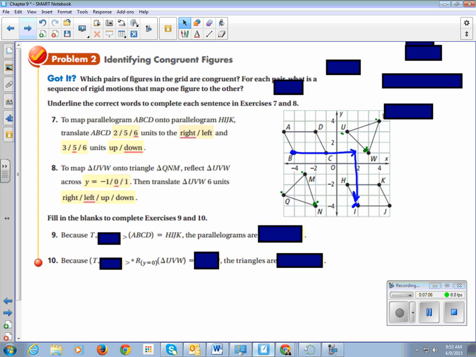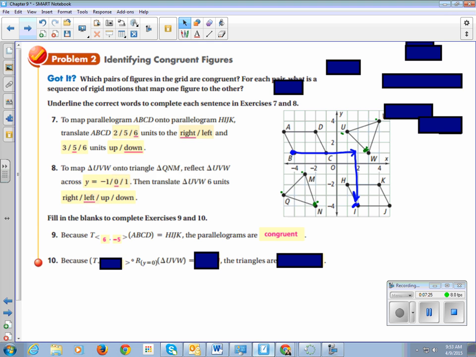Okay. So we're going to translate to the right 6 and down 5 of our triangle. So when you do a translation, it means your parallelograms are congruent.